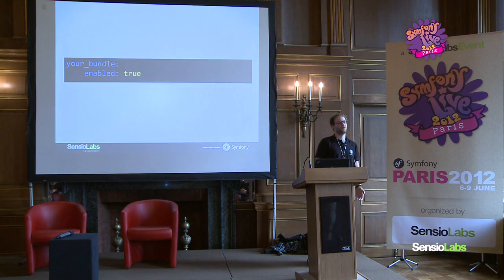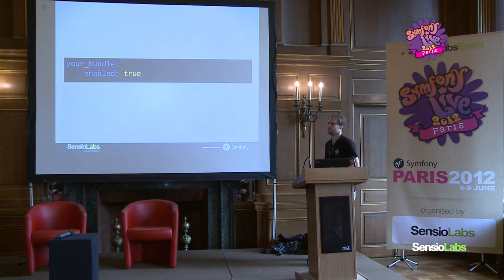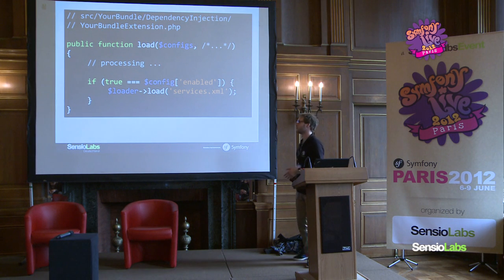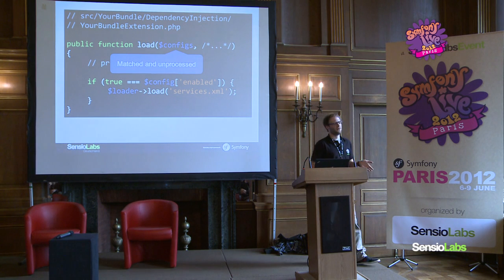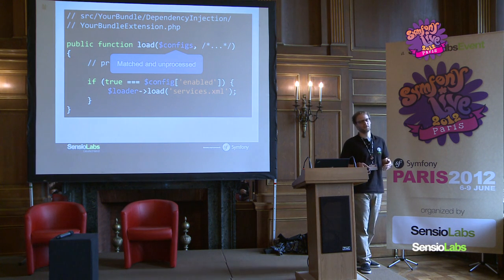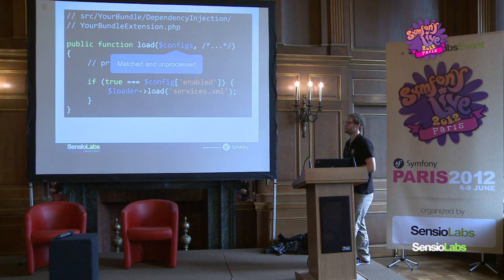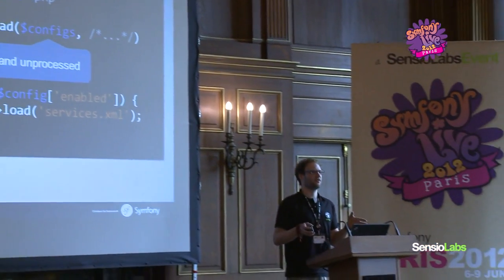If you want, for example, to have something like this in your config YAML file, on your bundle you want to have the enabled switch, you can do this pretty easily. First of all, you have your extension class, and you have these config options that will be given to you while Symfony starts up, and they are already focused and matched for your bundle only.